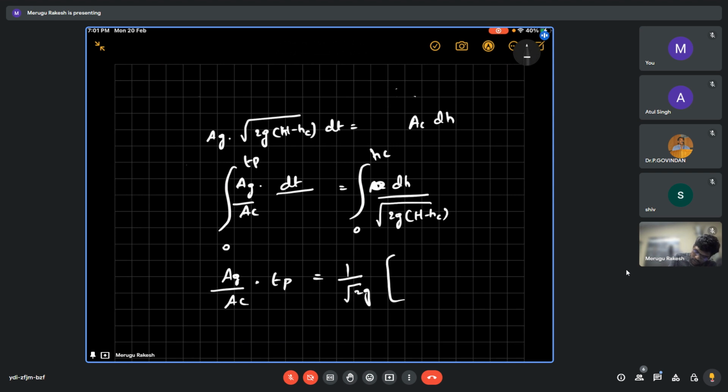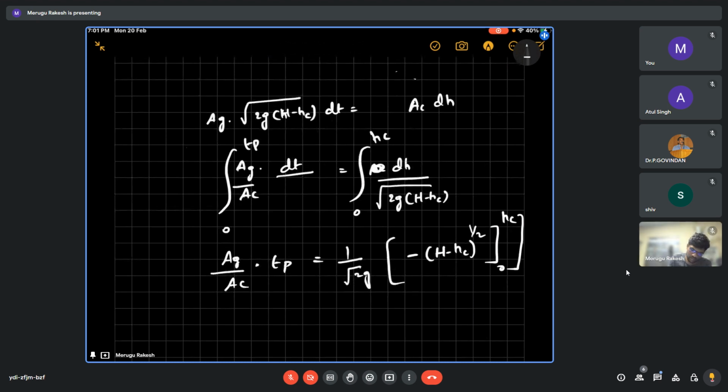Then if you integrate this 1 by root of H minus h, you will end up with minus (H minus h) whole power 1 by 2 from 0 to hc. So this is the integration that you get. You need to apply the limits here.